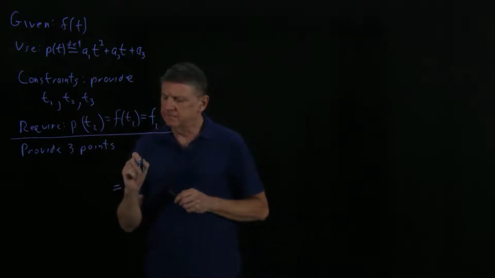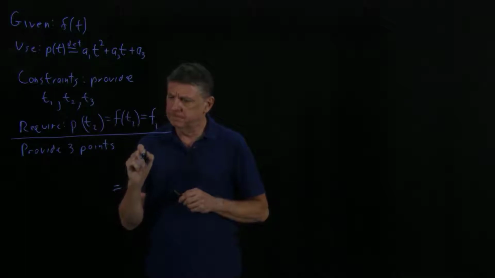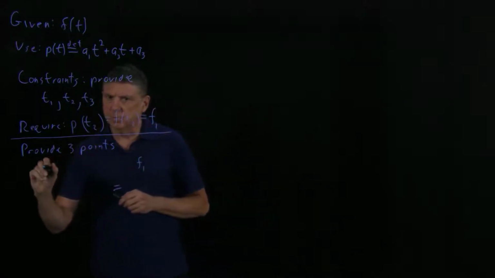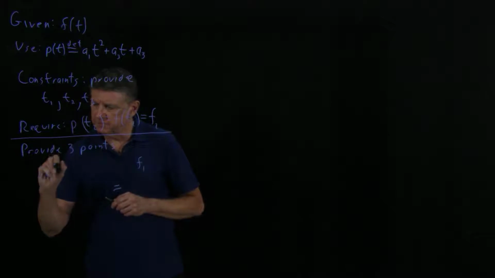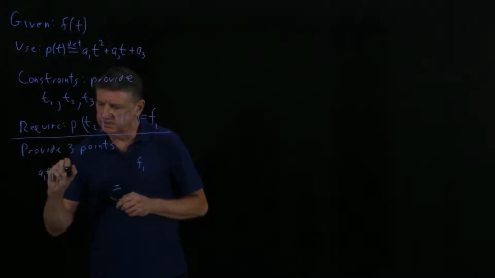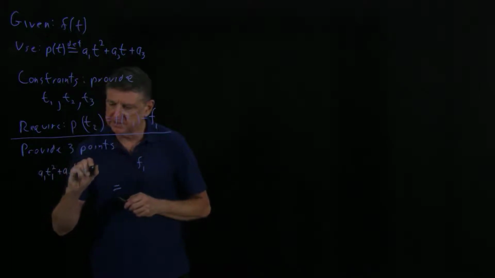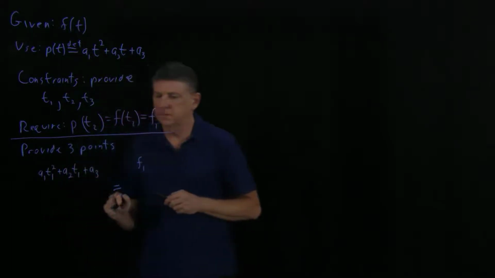So the value of the function evaluated at argument 1 has to equal our first coefficient times the first argument squared plus the second coefficient times the first argument plus the third coefficient.